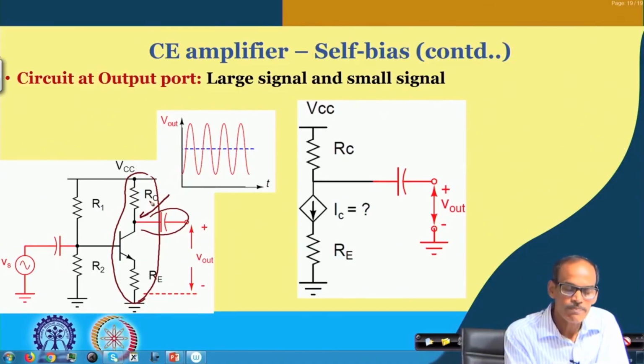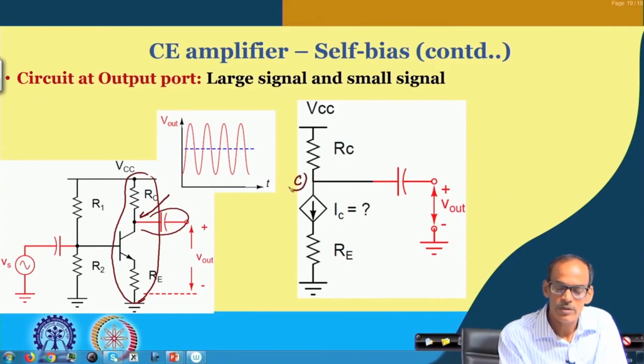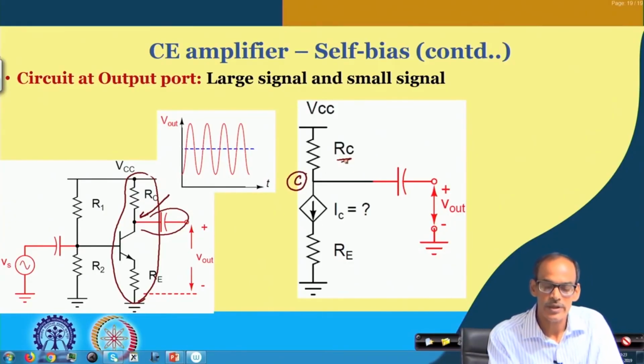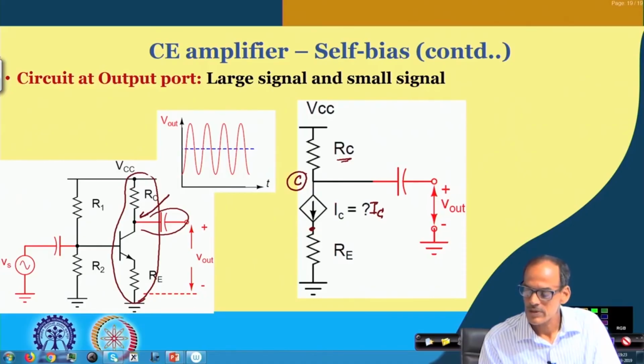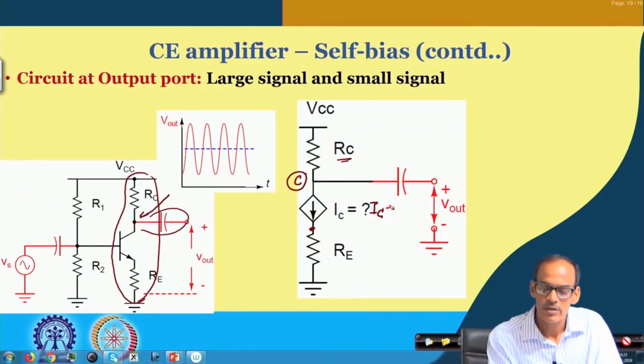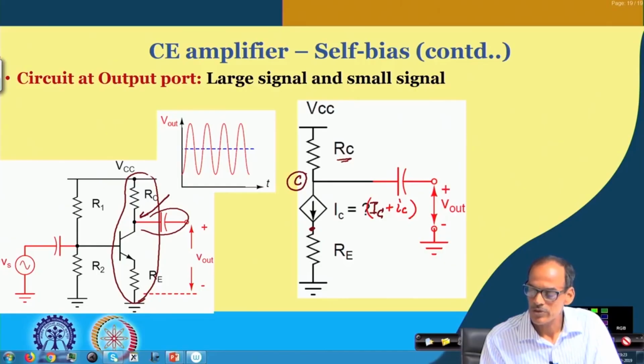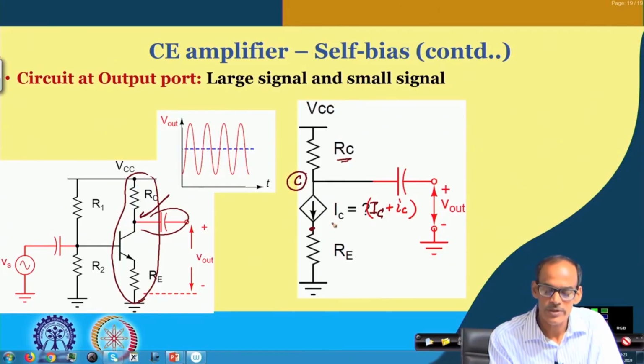So, at the collector, we do have the RC collector resistor connected to the VCC, and then collector to emitter we do have the current, of course having a DC current capital IC plus, in case it is having a small signal small ic also, but whatever it is, this entire current is flowing through this emitter resistor, and in addition to that at this node the base current is also coming.